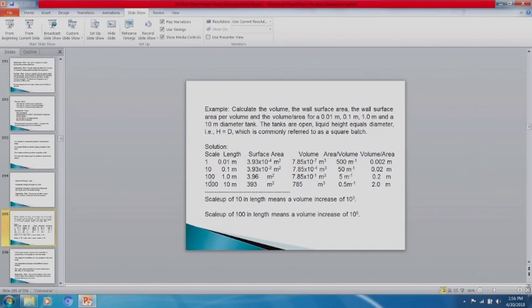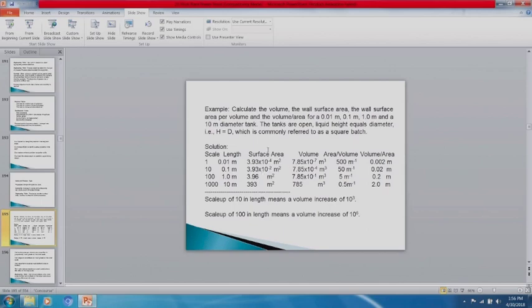Scale: 1, 10, 100, and 1,000. In terms of length, it's 0.01 meters, 0.1 meter, 1 meter, 10 meters. If I take a look at surface area, just the surface area of the inside of the tank, you quickly find that when length goes up by a factor of 10, area goes up by a factor of 10 squared.